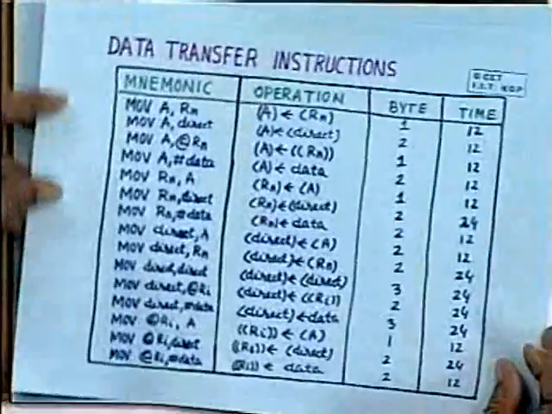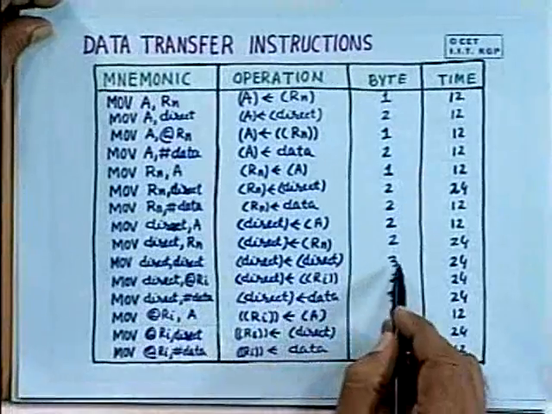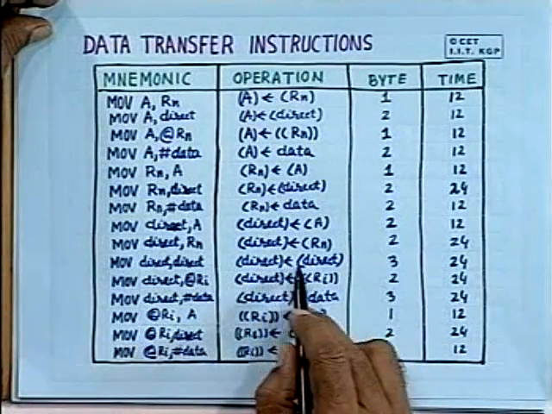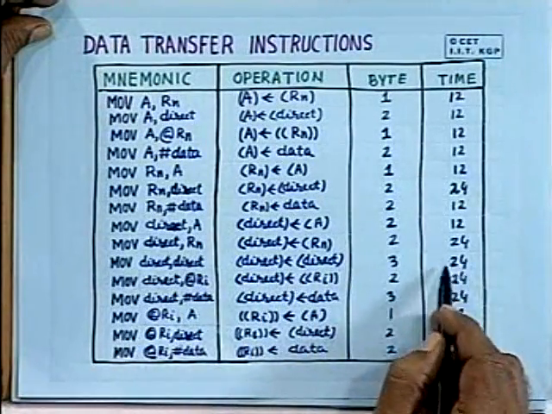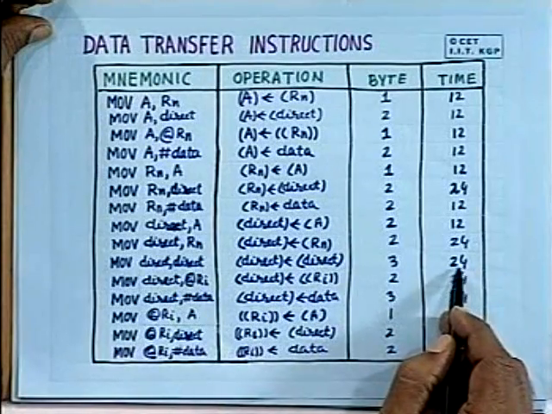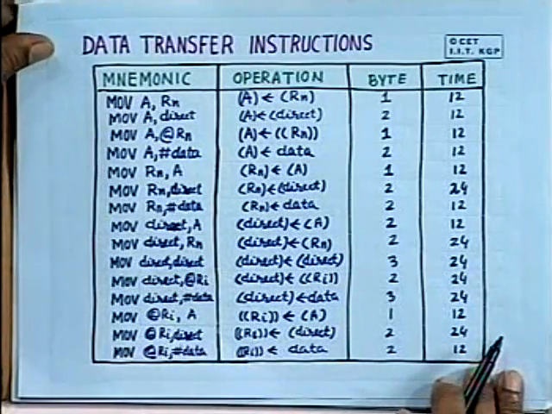Of course in this case it takes a little longer because the instruction comprises 3 bytes and the execution time will be 2 machine cycles, that is 24 clock cycles.